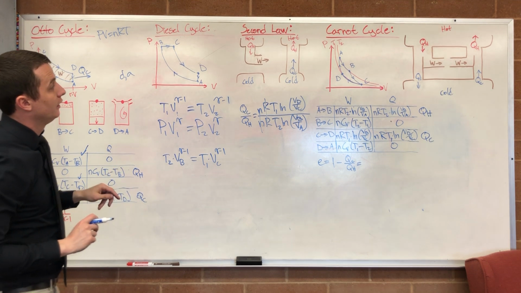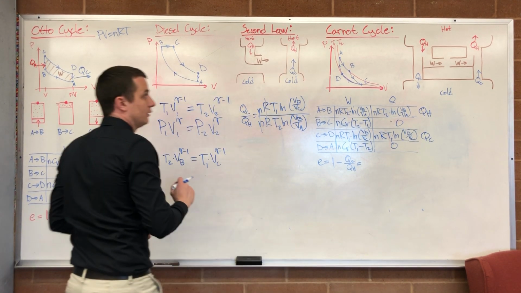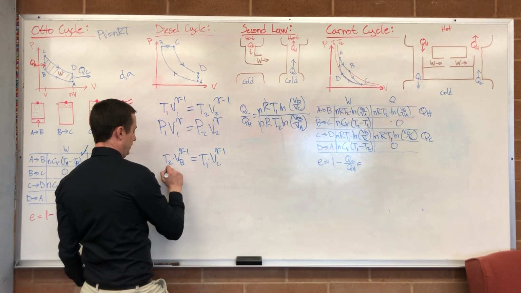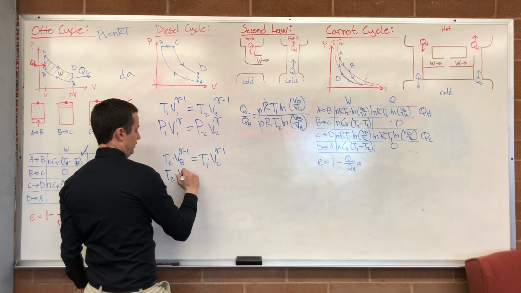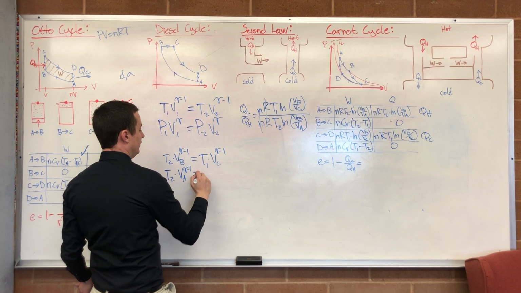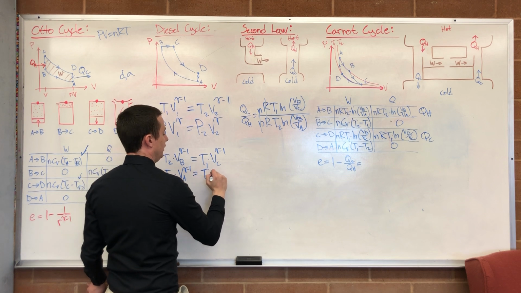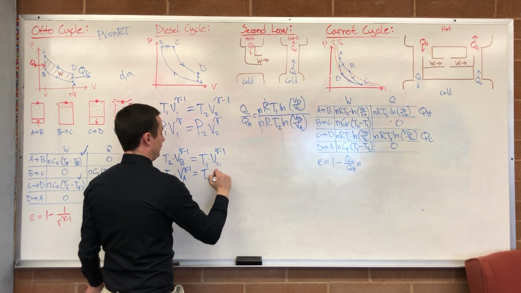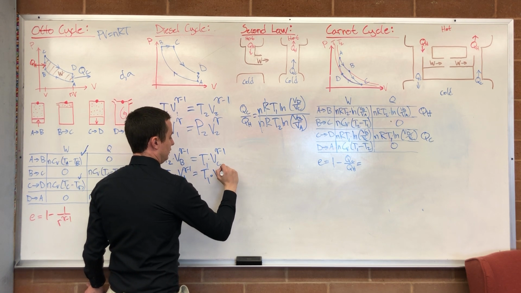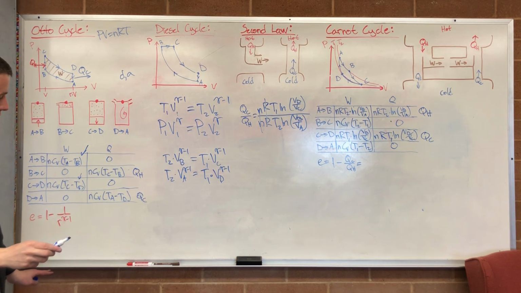Now looking from D to A, that one was also adiabatic. So the temperature at A times the volume at A is equal to the temperature at D times the volume at D. Alright, those are correct, right?